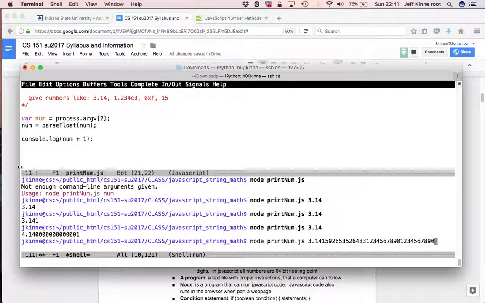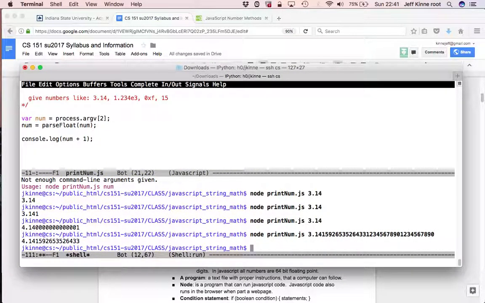And see what we get. So we see here that we have 26433, and then all of the rest is actually not retained. So the number of digits of precision we have is just this amount right here.